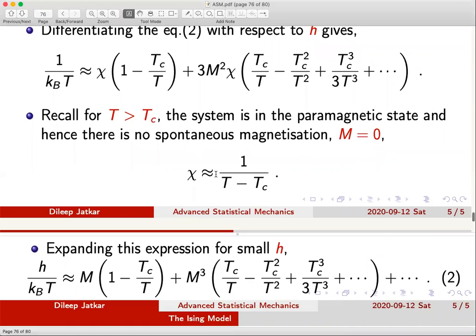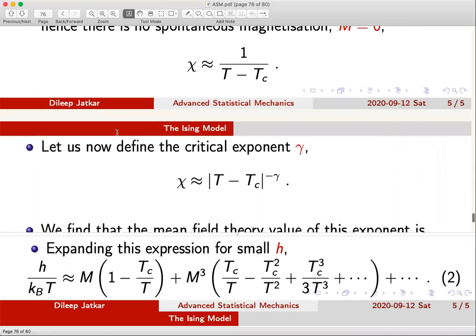Fine. So what you find is that chi goes as 1 over T minus Tc. Now let us define a critical exponent gamma to be chi going as mod of T minus Tc to the minus gamma. The mod is not really essential, but that is how it is defined.